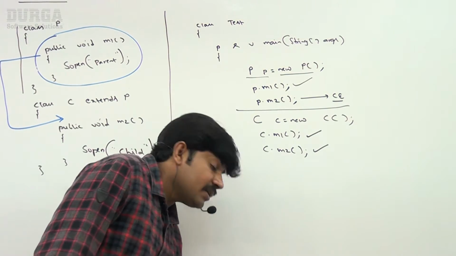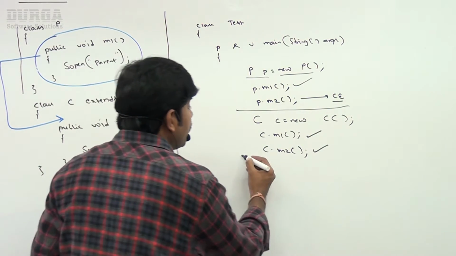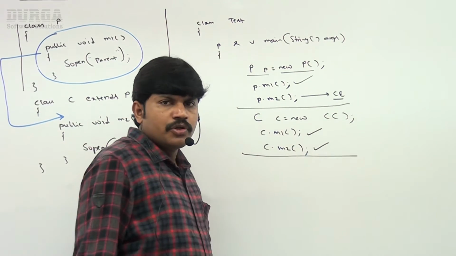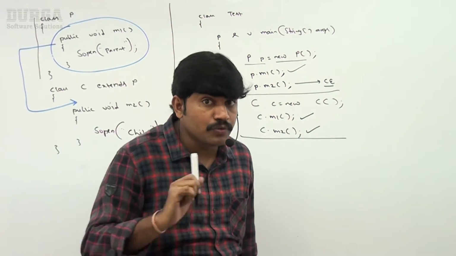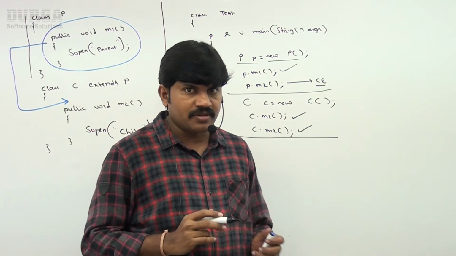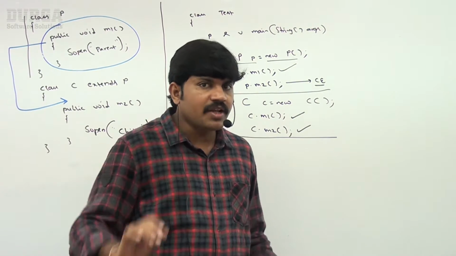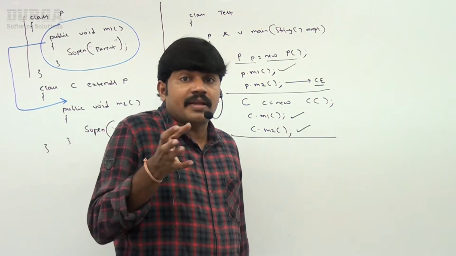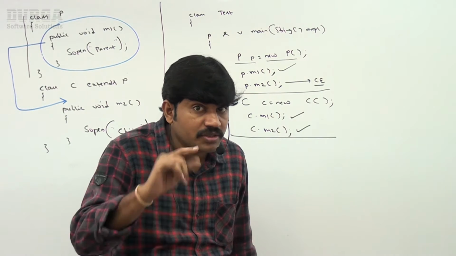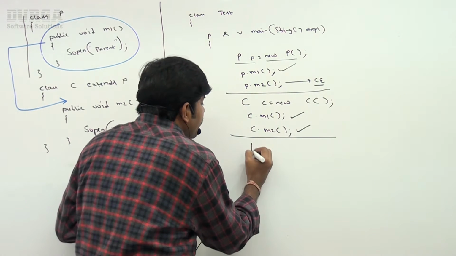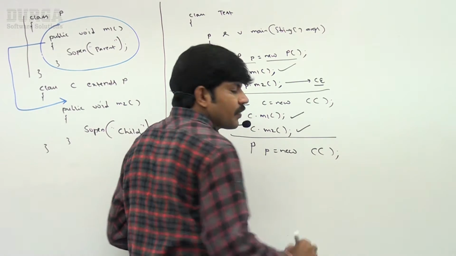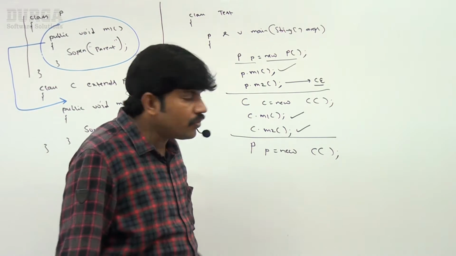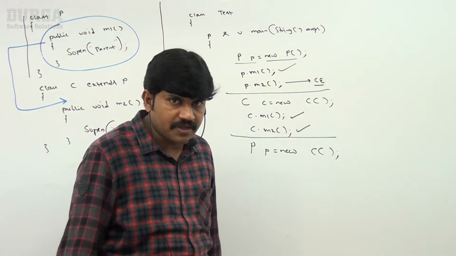Next, case 3, sir. Very important. Assume that a parent reference can be used to hold a child class object. Polymorphism concept, I will explain in detail there. Parent reference can be used to hold a child class object. Sir, Parent p = new Child(); like this I'm taking, sir.